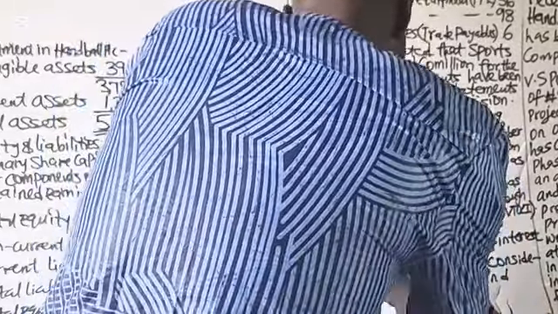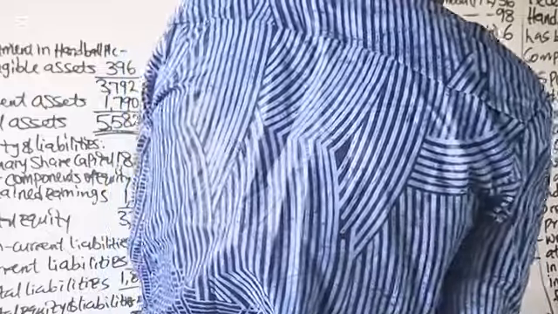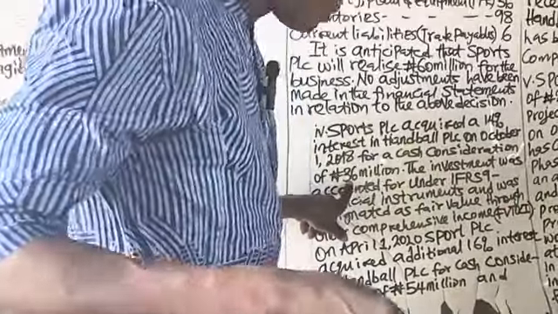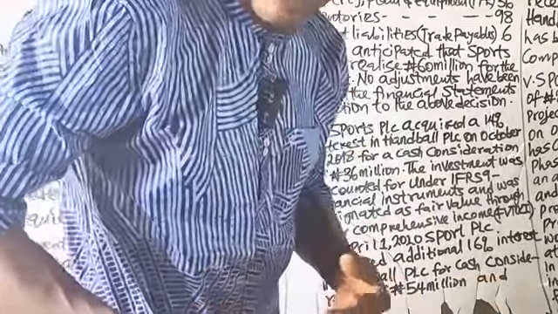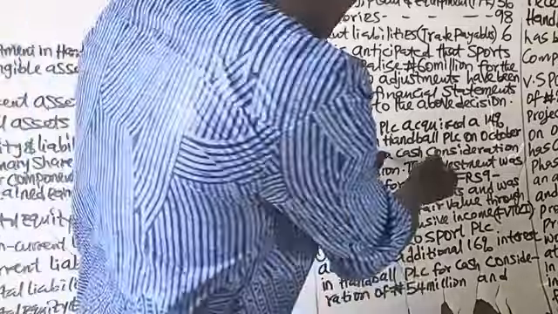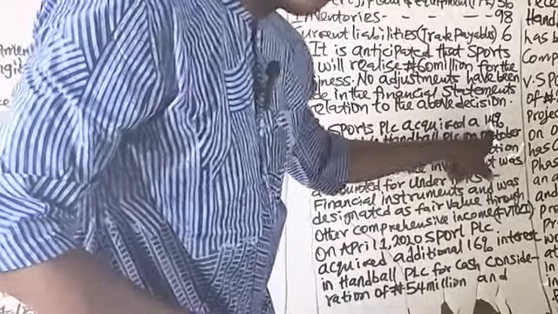Now, on April 1st, 2020, Sport PLC acquired an additional 16% interest in Handball PLC for cash consideration of 54 million. Remember, this 36 million was the cash consideration, which is cost. And I've told you, in accordance with the provisions in IFRS 9, that the instrument should be measured at fair value. So what we need to include in the consideration for the 14% should be the fair value, not the cost.